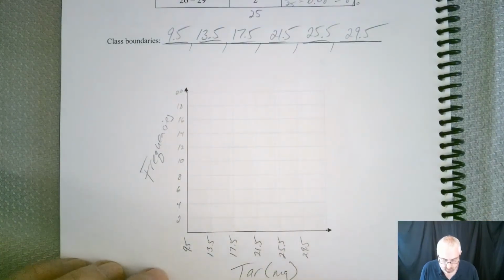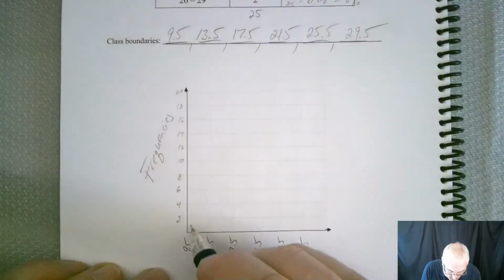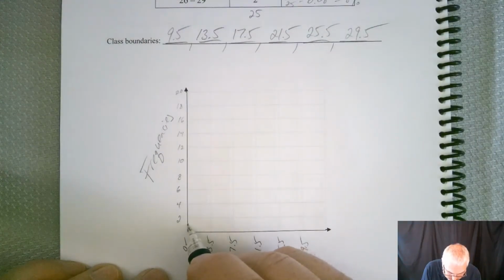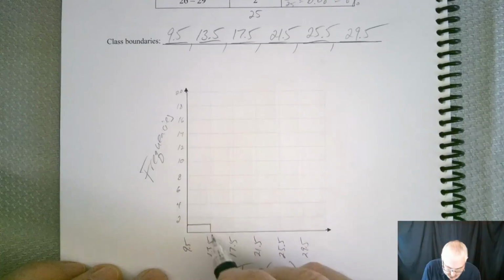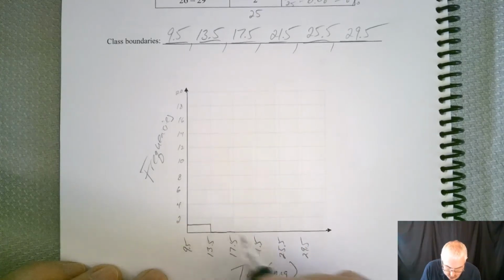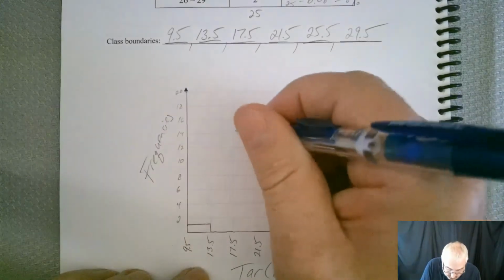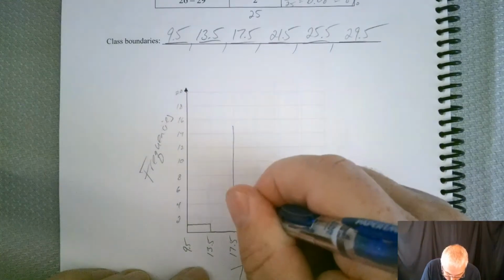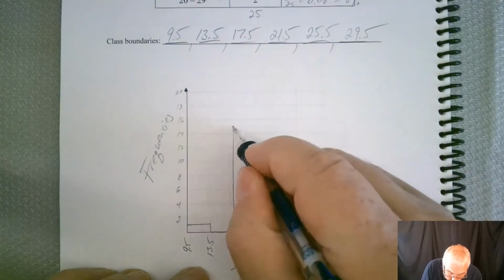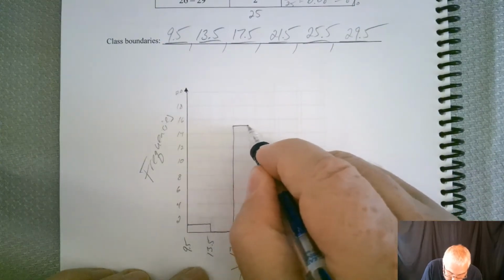So, all right, our first one goes up to 1. So we're going to go halfway up. Next one's 0. Next one's 15. So we're going to go halfway between 14 and 16.